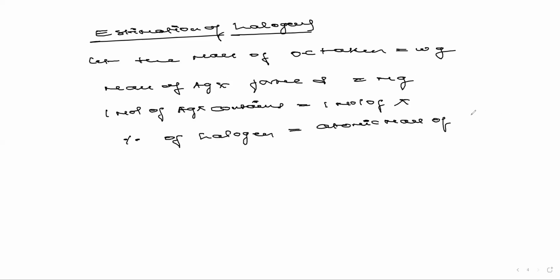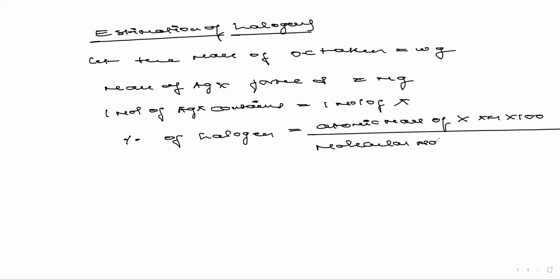Mass of X is equal to atomic mass of X into m into 100 divided by molecular mass of AgX into W. This method we call Carius method.